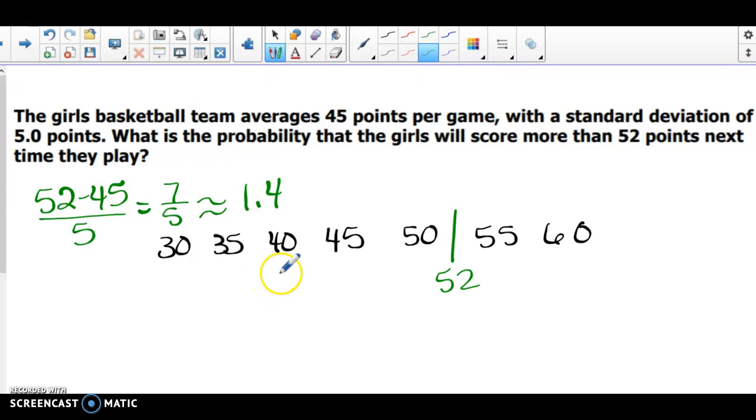So I look at 1.4 on my standard deviation curve. And that's going to give me 0.9192. And I want to know what's the probability that they will score more than. So just like my previous one, if it's more than, I'm going to subtract that from 1.